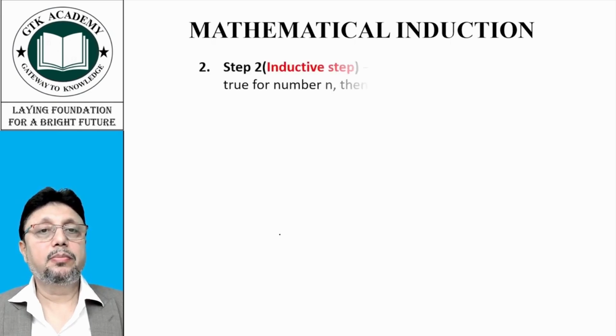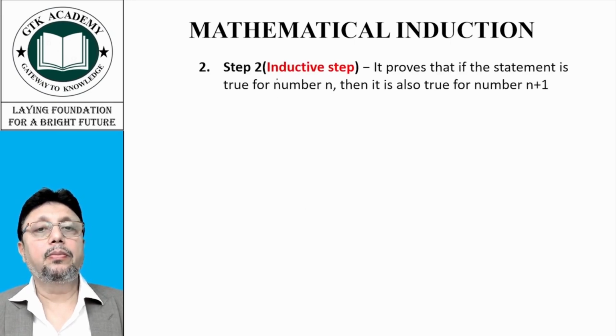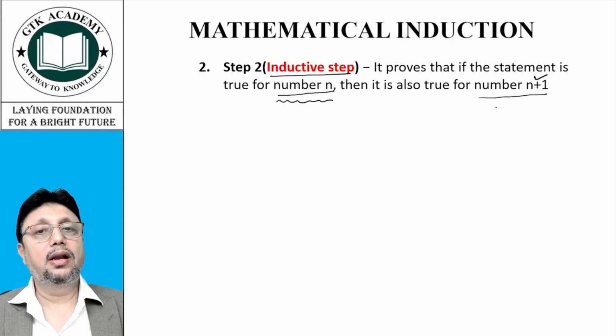So what is the second step? The second step is the inductive step. That proves if the statement is true for a number n, it is also true for number n plus 1. So we assume that it is true for n, and then we prove that if it is true for n, it is also true for n plus 1.